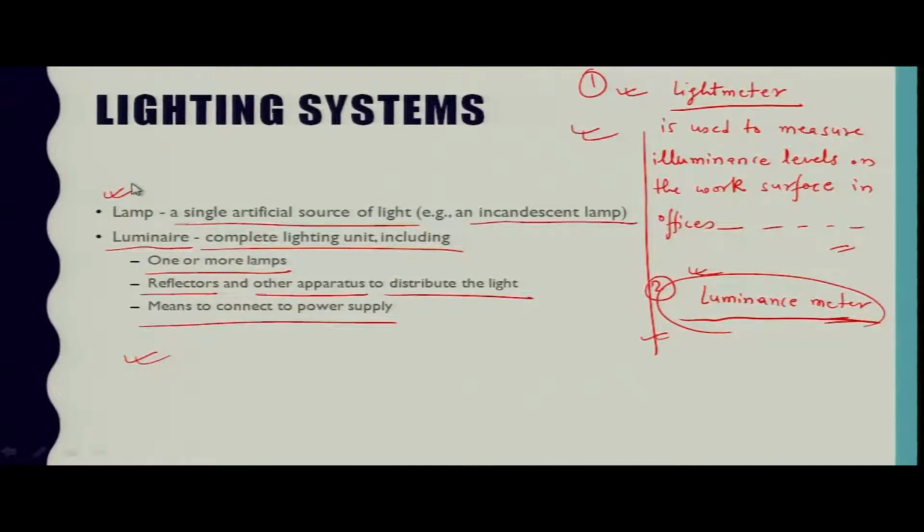As far as the definition of lamp and luminaire is concerned, it is given here, and now a lamp can be classified into two basic types. First is the incandescent lamp, and second is the discharge lamp.